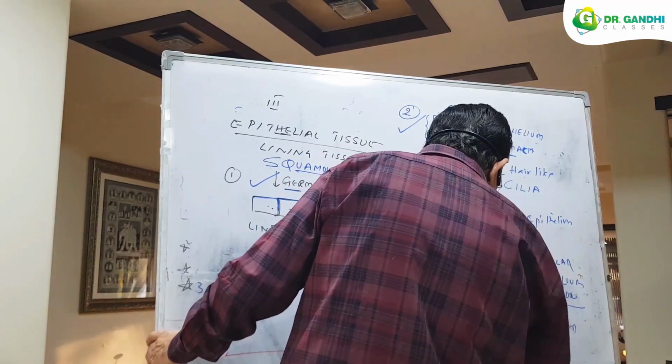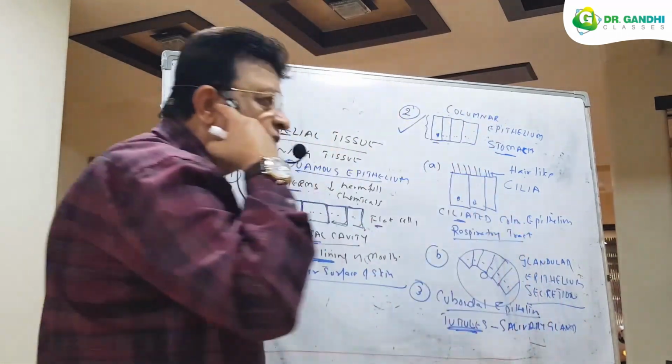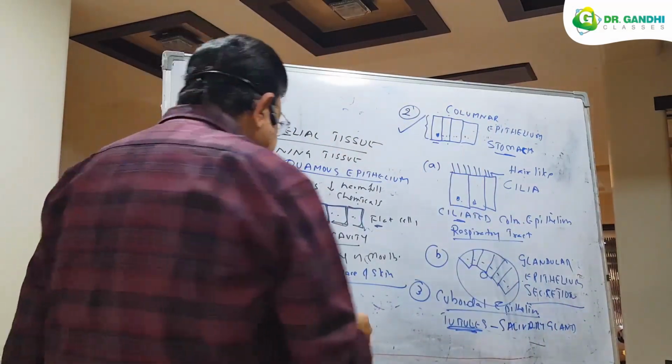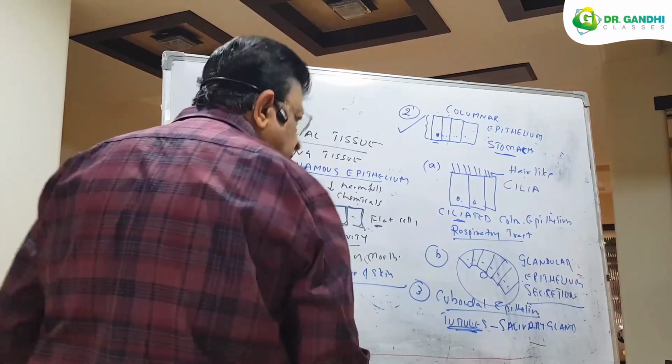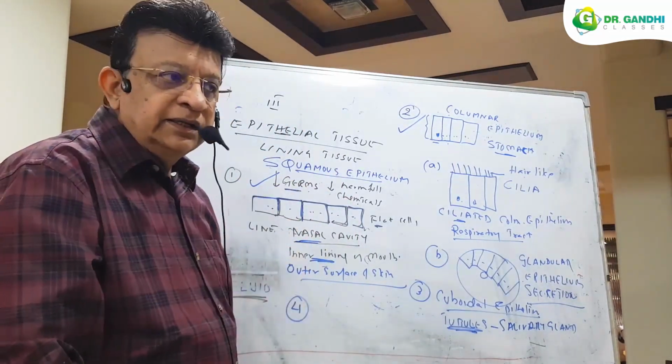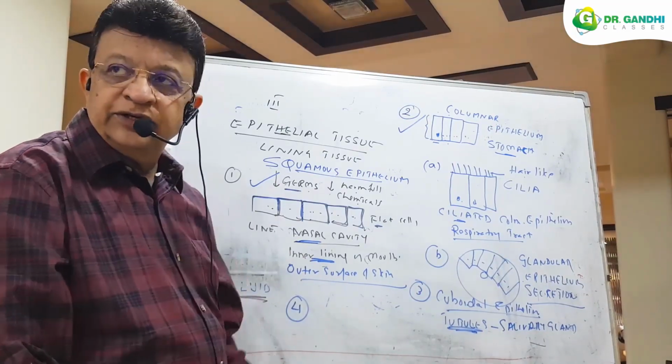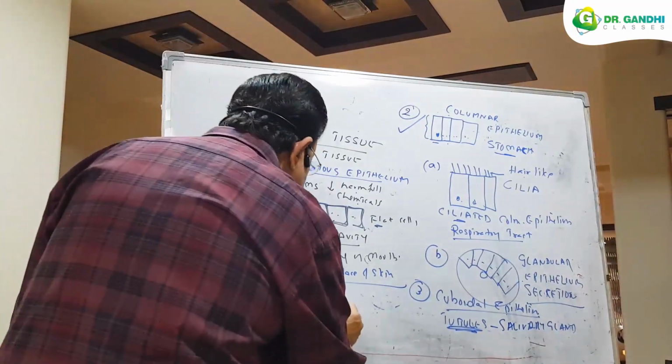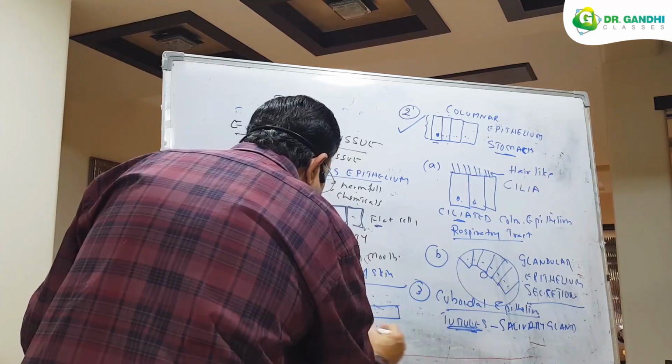The duct or the tubule which brings saliva from the gland to the mouth. And the last one: if germs try to enter your skin, then it is possible that you will get infection. Therefore, the skin is lined by layer upon layer of cells.